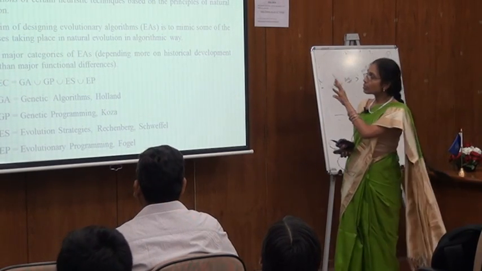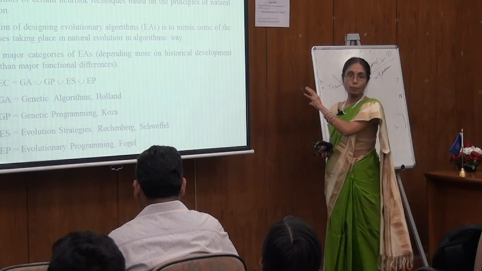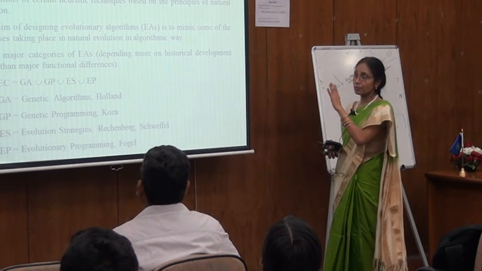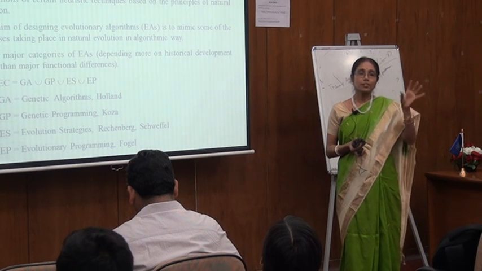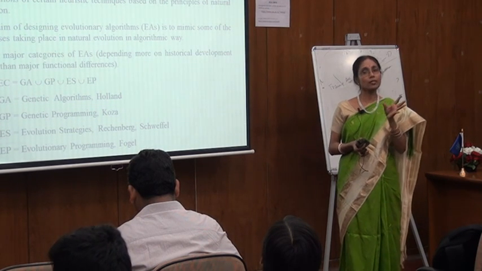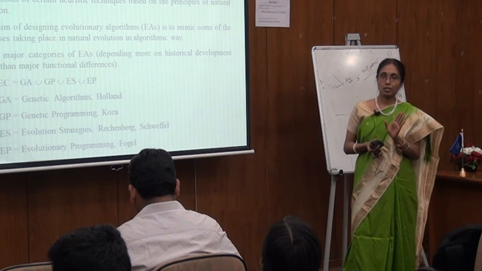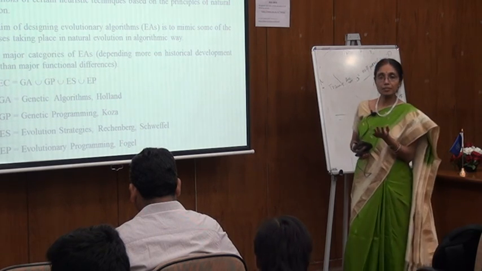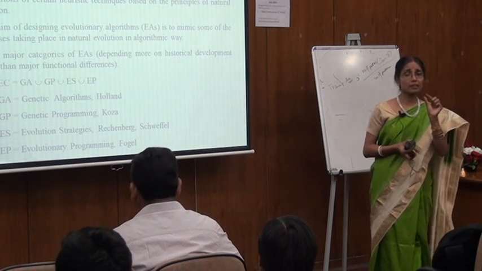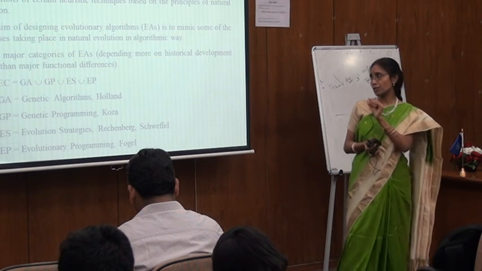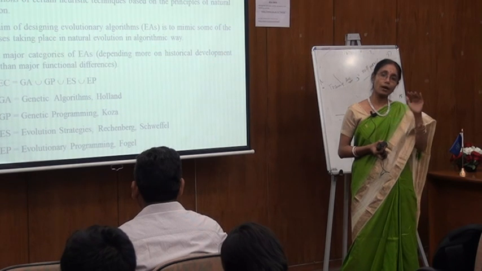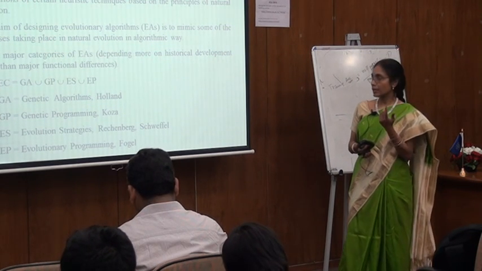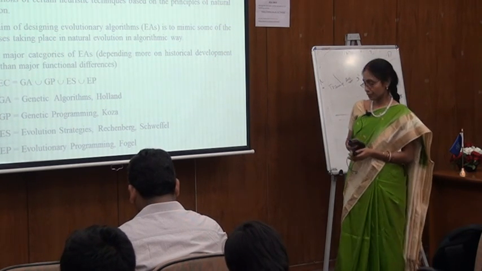Now note that all these four typical components which come under evolutionary computation more or less evolved in different parts of the world at exactly the same time. But they named it in a different manner. There are certain subtle differences among these four techniques, but all of them come under the same framework termed evolutionary computation.